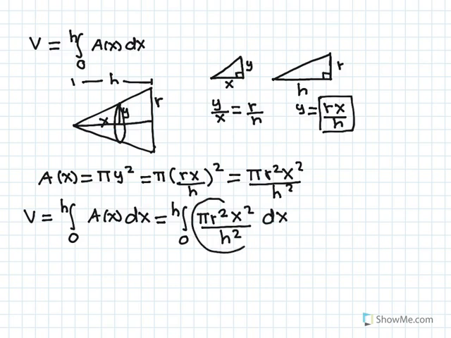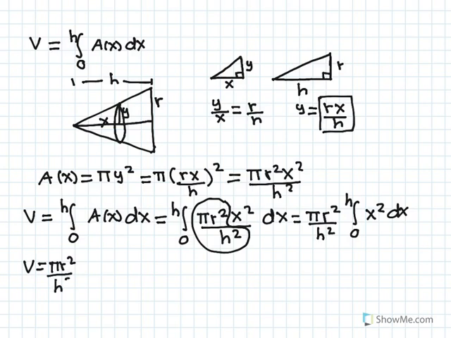Now pi r squared over h squared is all just one big constant. It just passes right through the integral, and we integrate x squared with respect to x. Pi r squared over h squared times the integral from 0 to h of x squared dx. So the volume will be, reversing the power rule, we can integrate x squared.